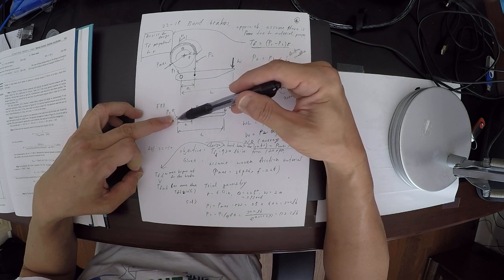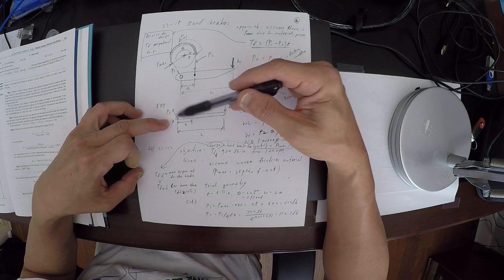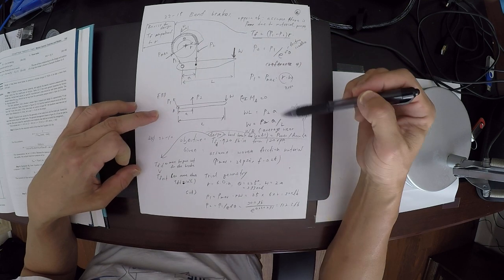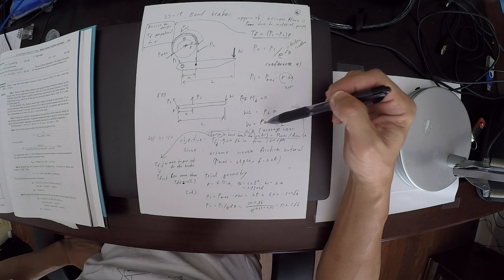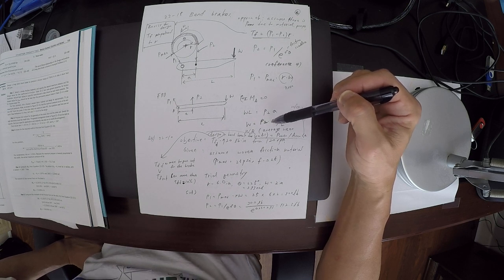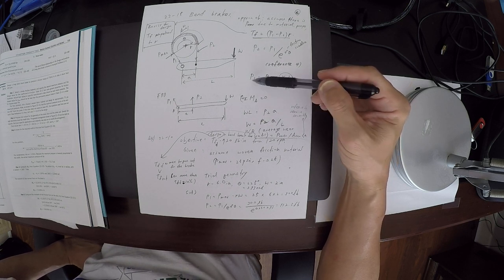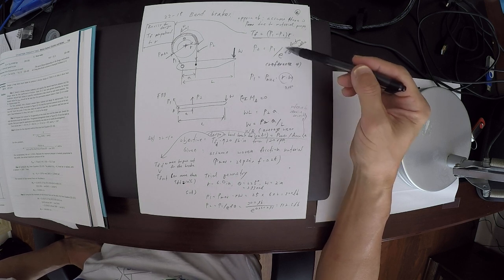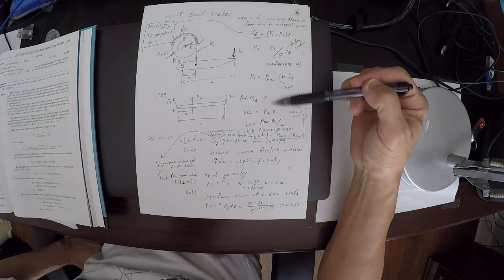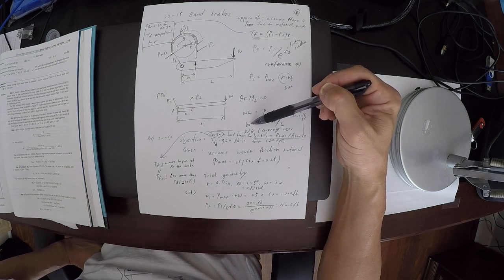Again, P1 is going to be cancelled because it is acting at the center A. So this will give us the force W as a function of P2. So you need to be able to evaluate P1 first from the P max, and then once you know P1, you can calculate P2. That goes into this equation to give you the actual value of W.